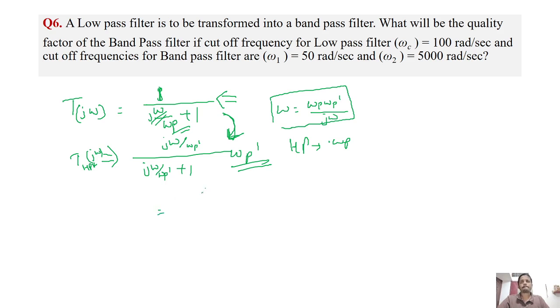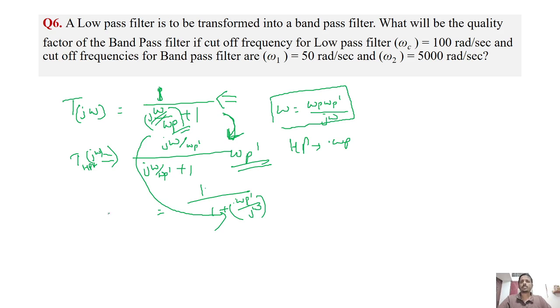If I rearrange this, it will be 1 plus, taking both values, omega p dash by j omega. So I just need to rearrange or substitute this value here.